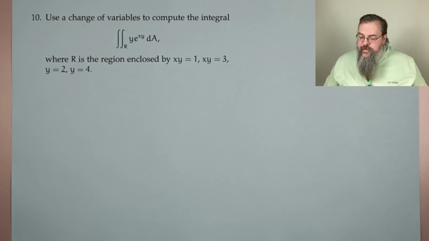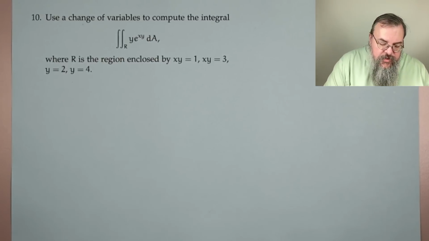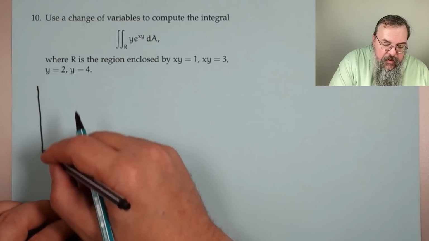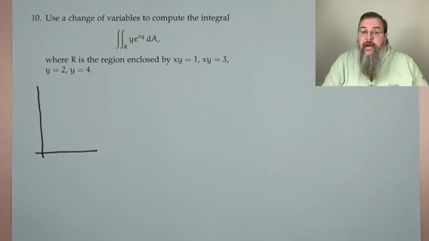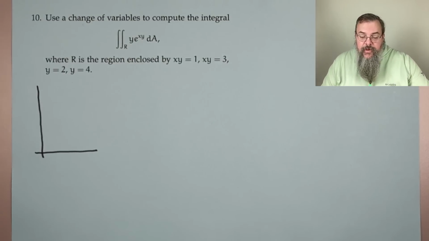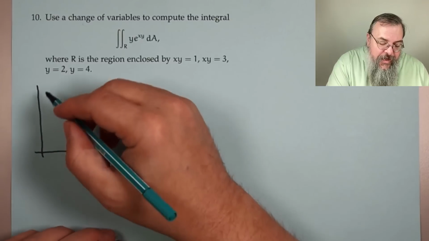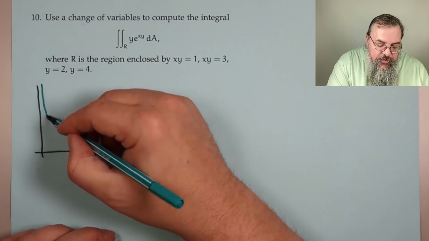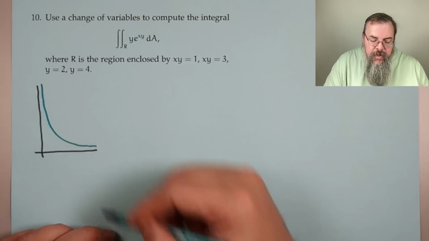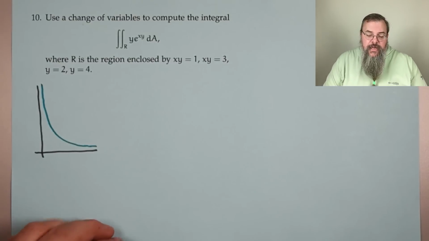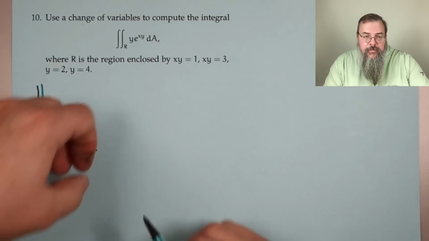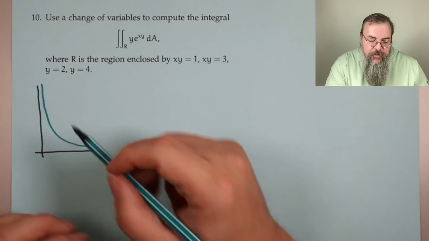Well, let's sketch our region. So I'm going to first draw some axes here. And, well, what do we have? xy equals 1 looks like y equals 1 over x, because that's what it is. So you have this y equals 1 over x. Now, xy equals 3 looks very similar, except you've just sort of stretched it up by a factor of 3.